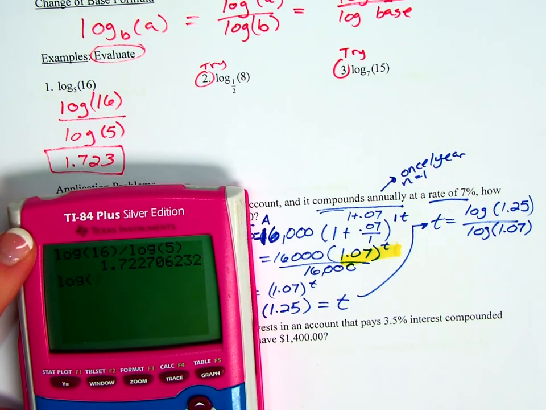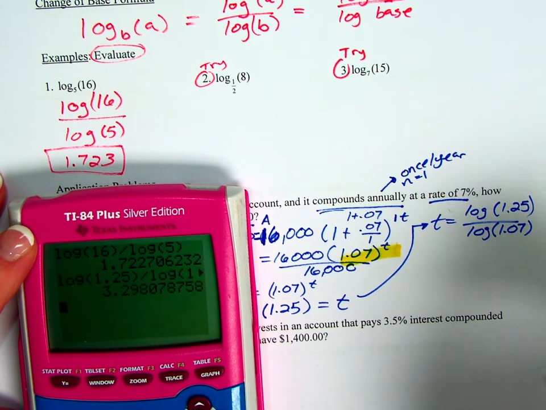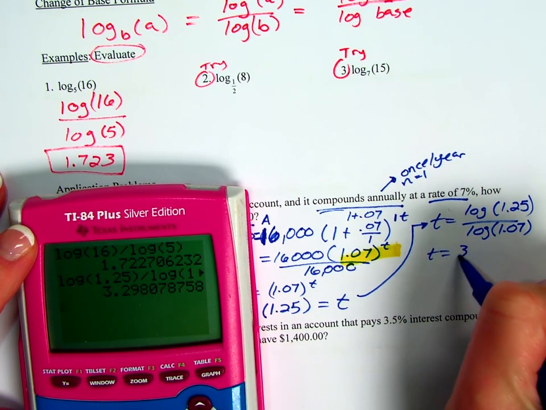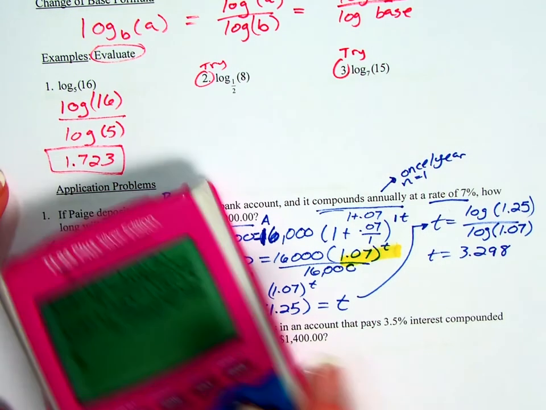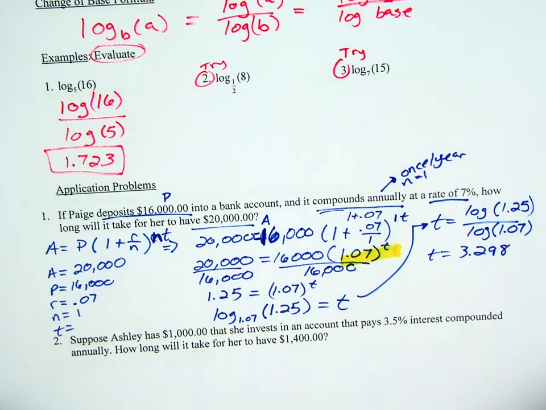So log of 1.25 divided by log of 1.07 would give me 3.298. But remember, this is a word problem, so you have to answer in a sentence.